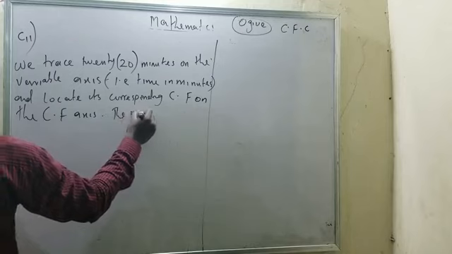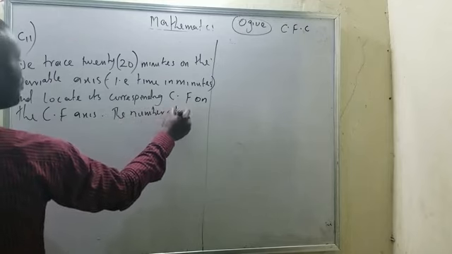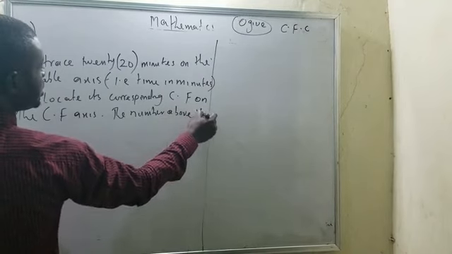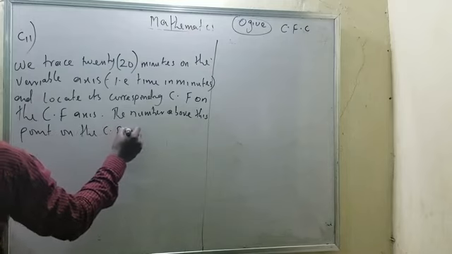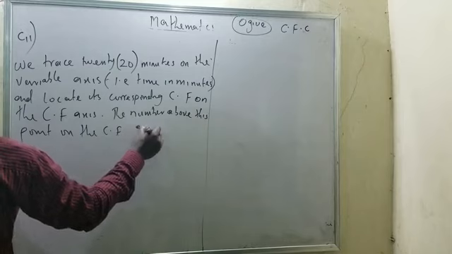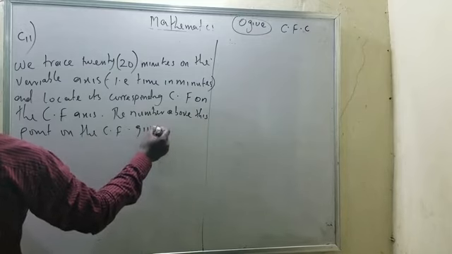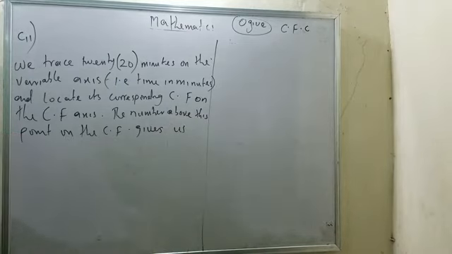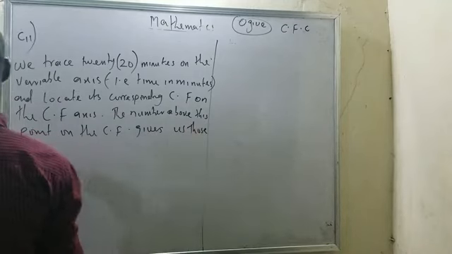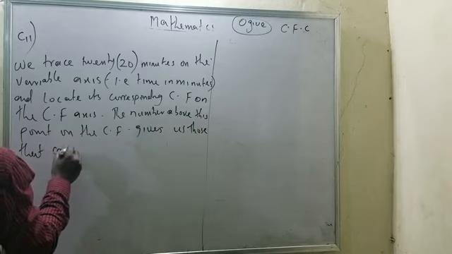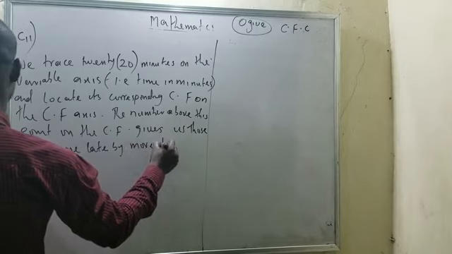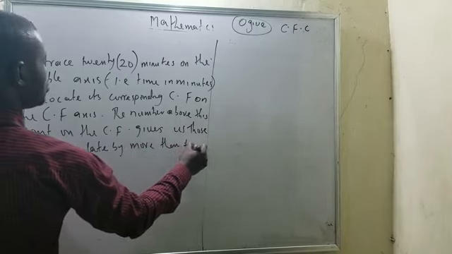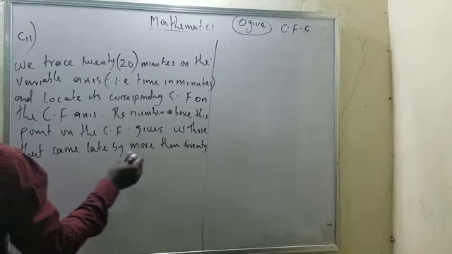The number above this point on the cumulative frequency axis gives us those that came late by more than 20 minutes.